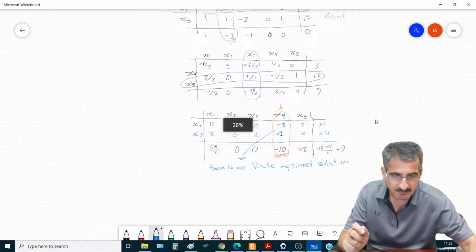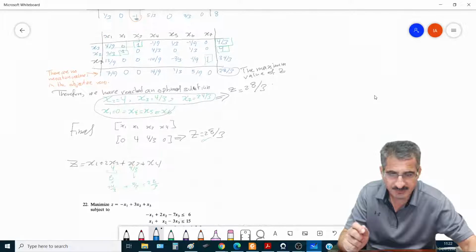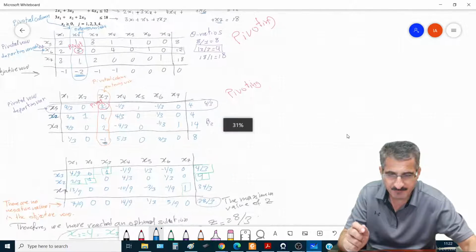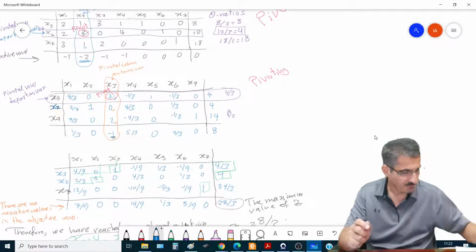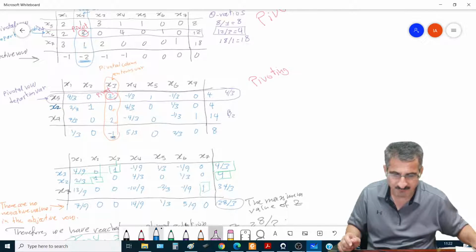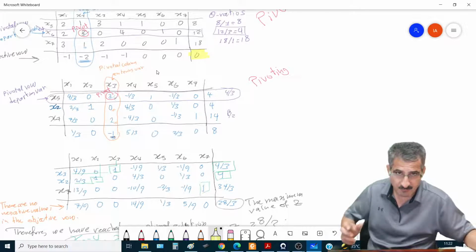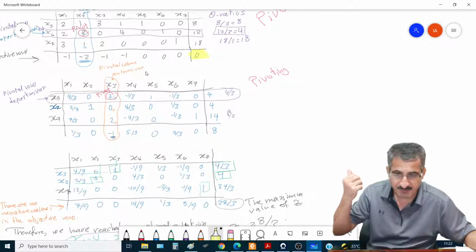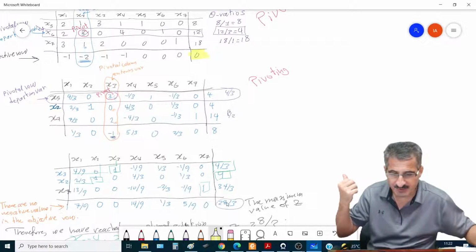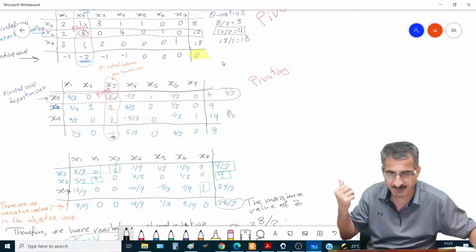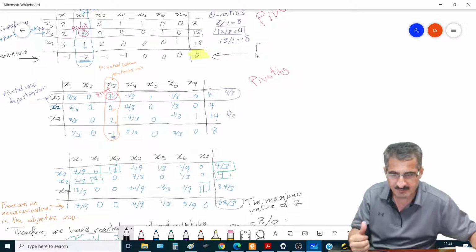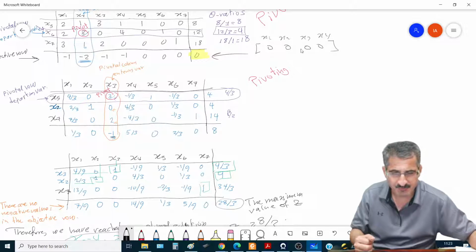Now, if you notice what was happening, we started with the value 0 of the objective function, at the extreme point 0, 0, 0, 0 for x1, x2, x3, x4.